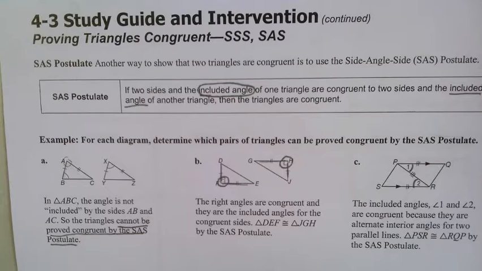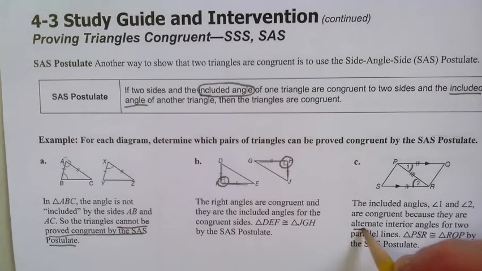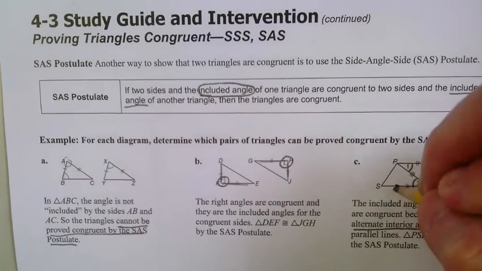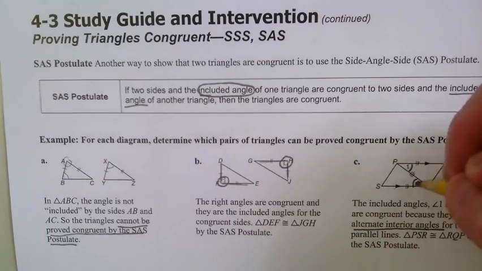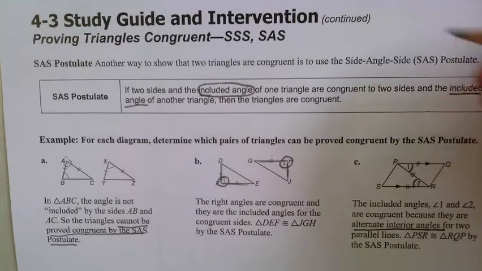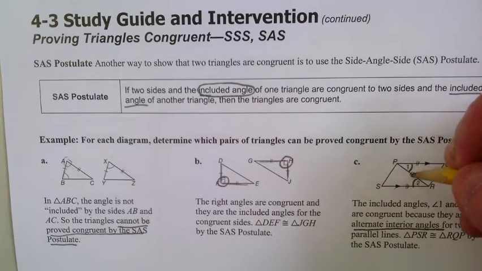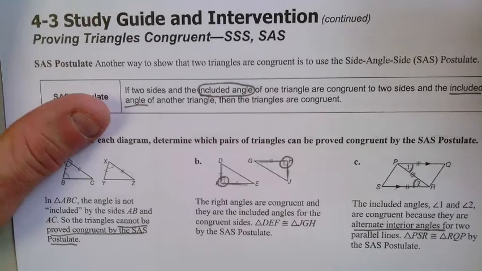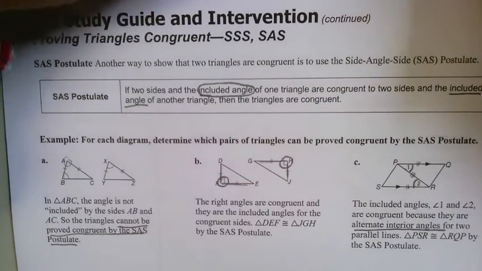Okay, it probably says something like that down here, alternate interior angles, which says if two lines are parallel, the alternate interior angles have to be congruent. Okay, so in this case, we do have an included angle and an included angle, so this would be side, angle, side, and side, angle, side. Okay. So again, it's just making sure that we have all of those parts in the right order.